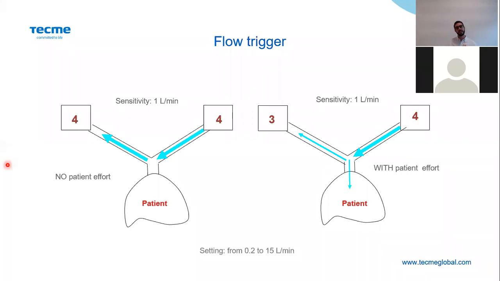So you have to set inspiratory triggering as low as possible, but you have to be careful to not set this value as low to generate an auto triggering. Okay, this is important.